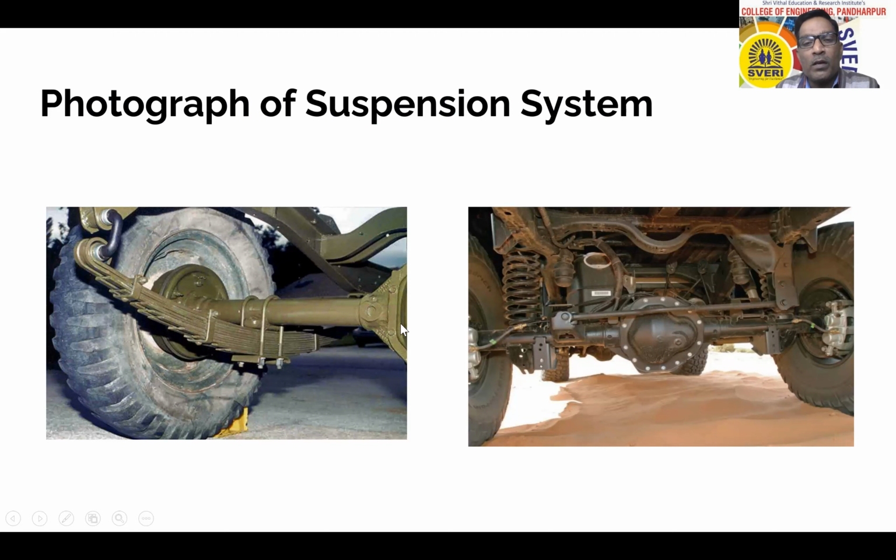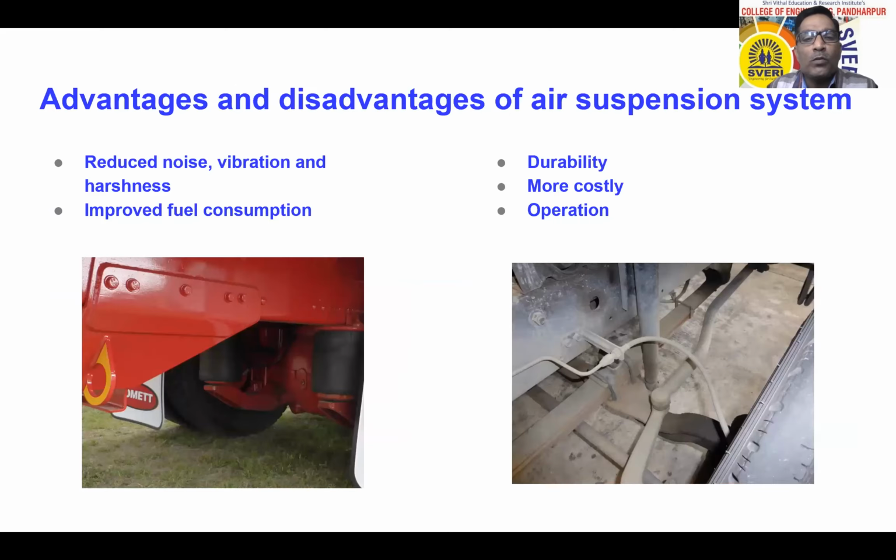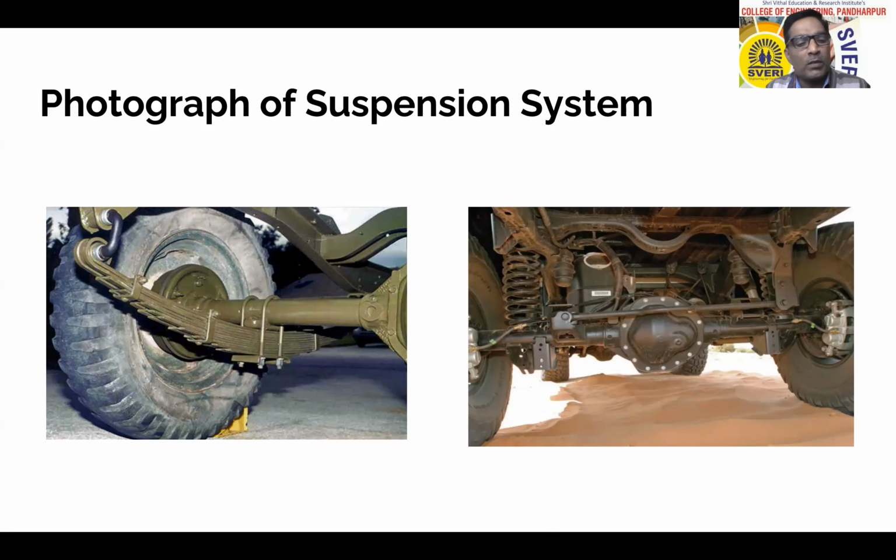This is the differential housing, and this one is the suspension system having coil springs as an element for absorbing the shocks or for taking the impact. So these are some of the photographs for the suspension system.